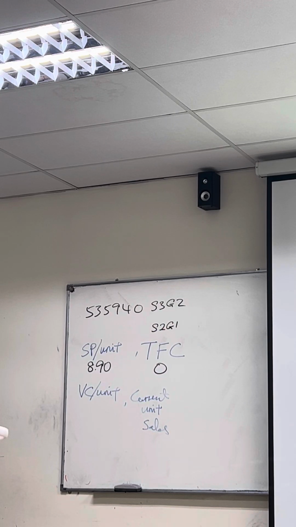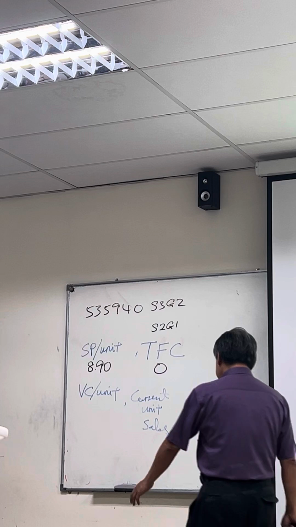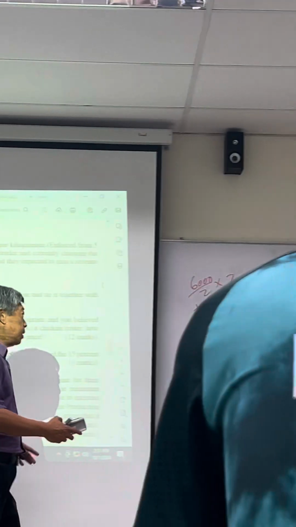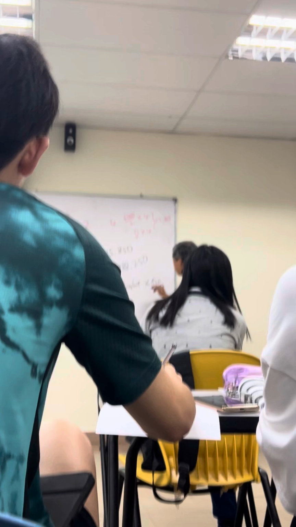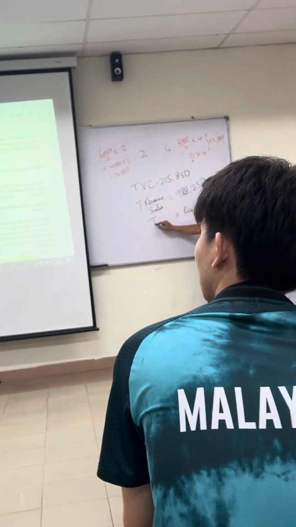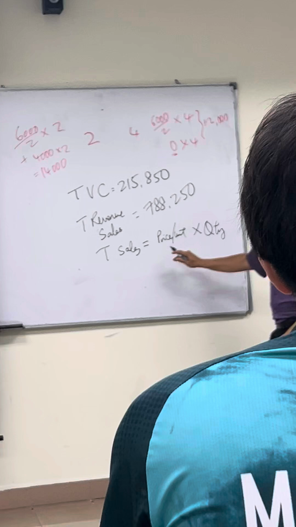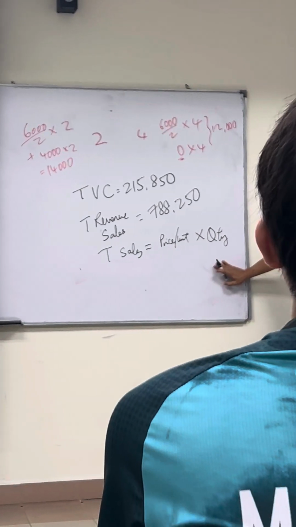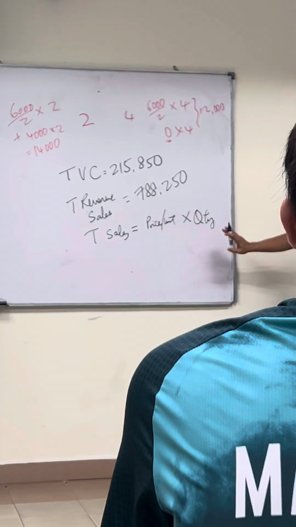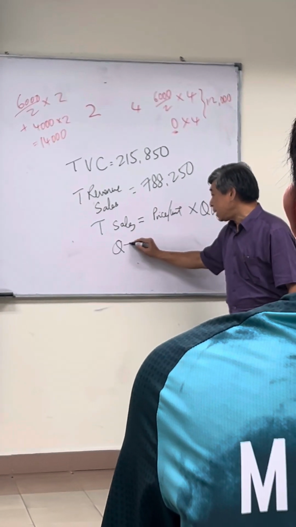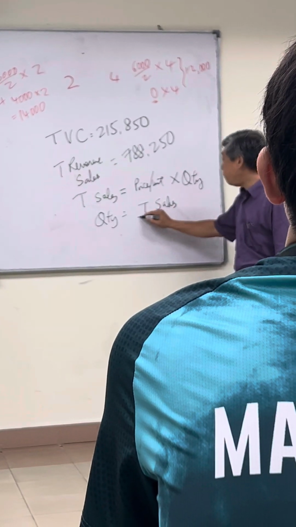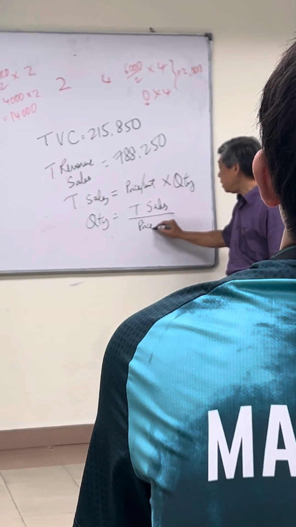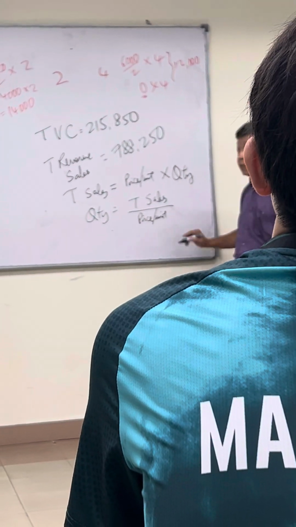Oh, sorry, I got it the other way around. What is quantity? Total sales is equal to price per unit times quantity that you sold. So what happened to quantity? What is quantity? It is total sales divided by price per unit. Isn't it?